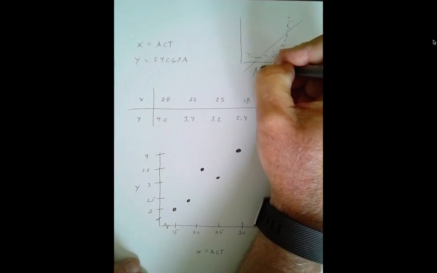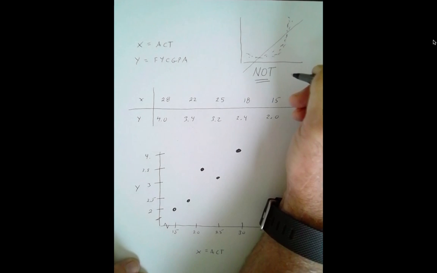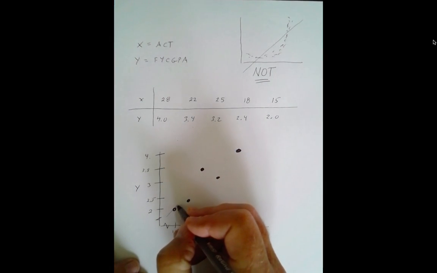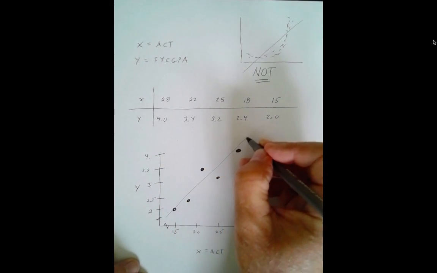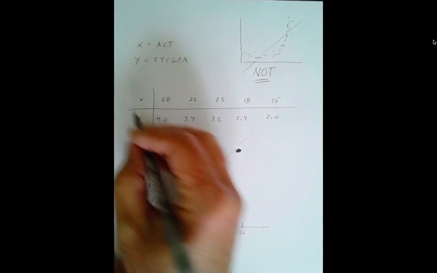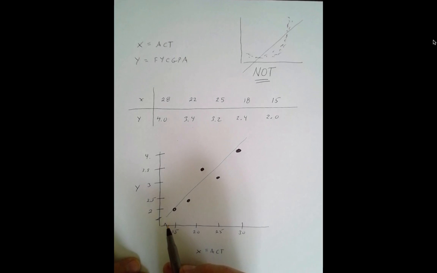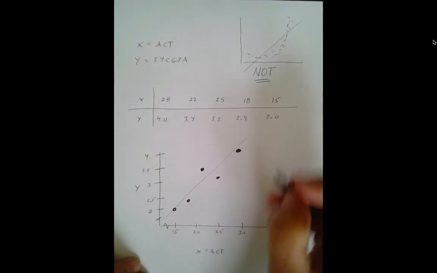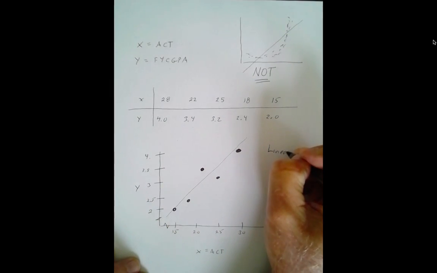So guys, this is not linear. Can I say that this cluster of points is well fit by a straight line? I think it is. Well, in fact, I know it is. And actually, I created these numbers to make it linear. So I would say yes, linear.